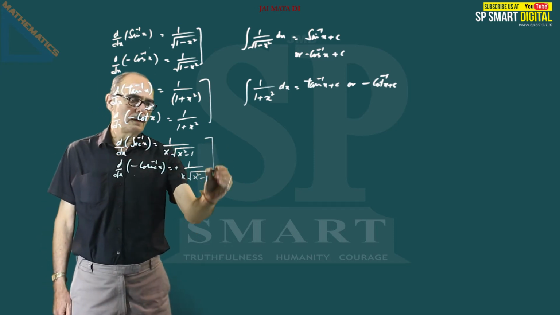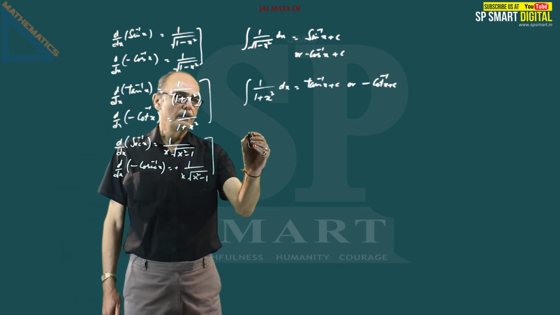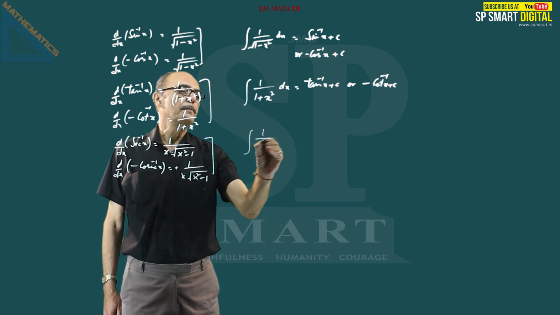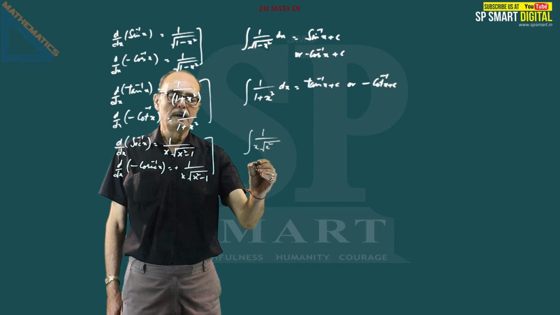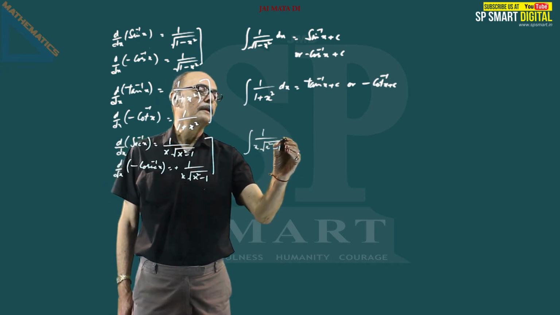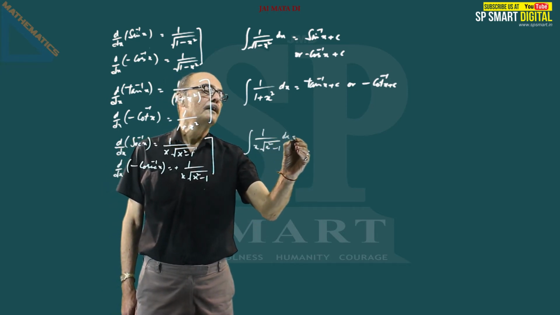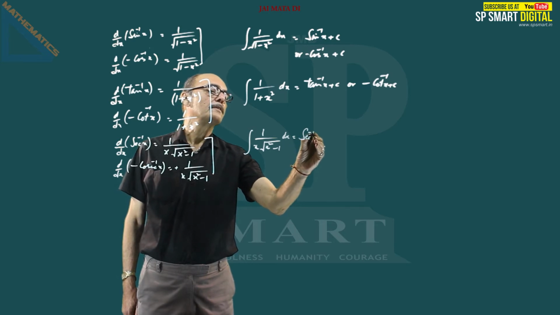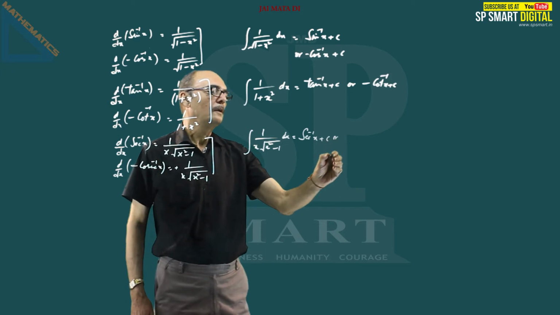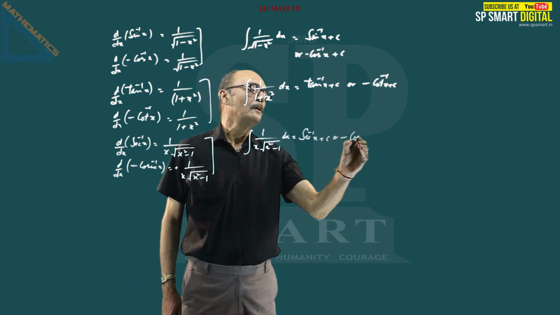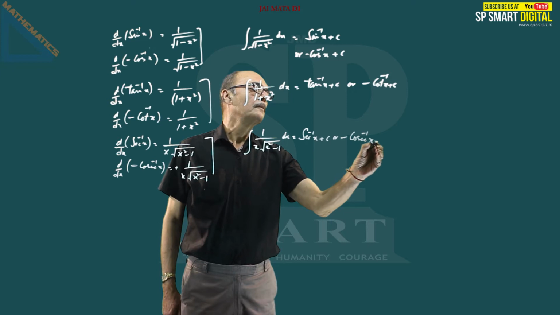So, making use of this, we have integral of 1 upon x under root of x square minus 1 dx equal to secant inverse x plus c or minus cosec inverse x plus c.